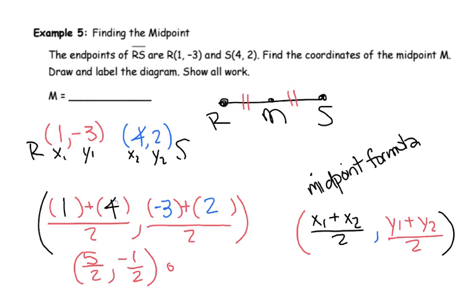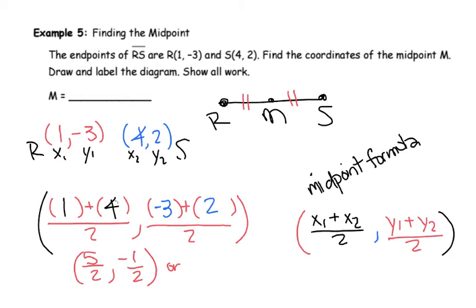I actually want both answers if you end up getting a fraction, because if we're graphing this on a coordinate graph, it's really hard to graph 5 over 2. It's easier to understand 5 over 2 if I tell you it is 2.5.